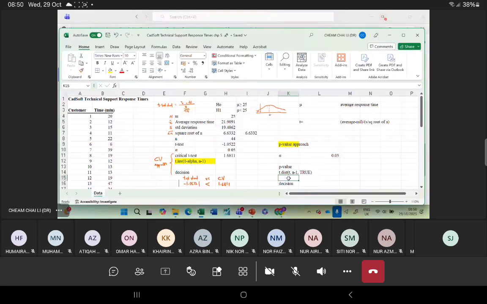If you have the p-value, that statistic, and the tail is on the right side, right? So you kena guna yang ini, 1 minus this whole thing. Satu tolak dengan sini.